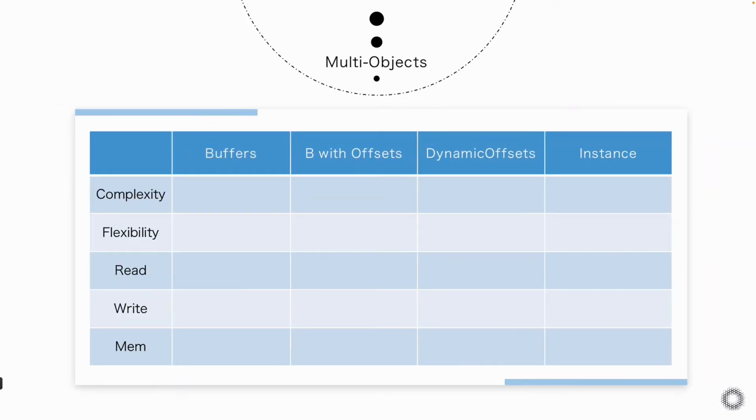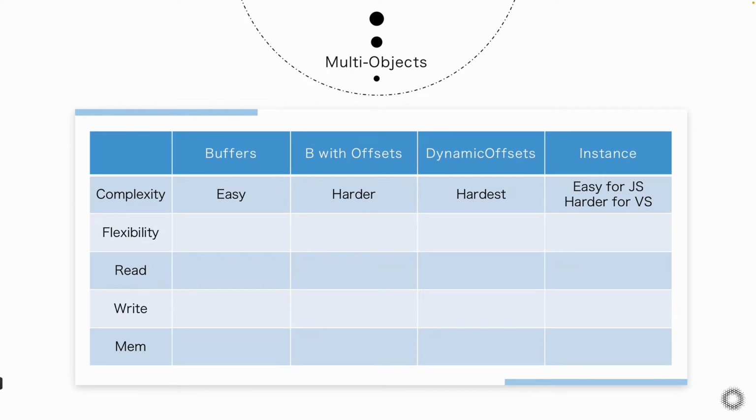Finally, let's summarize these 4 different resource management ways. Firstly, let's look into the code complexity. In the first demo, although we need to create multiple buffers and groups, it is actually the easiest. In the second method, we use a continuous buffer.